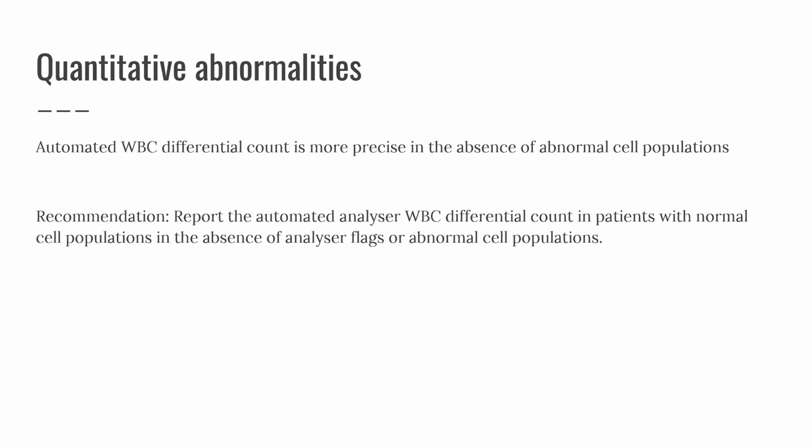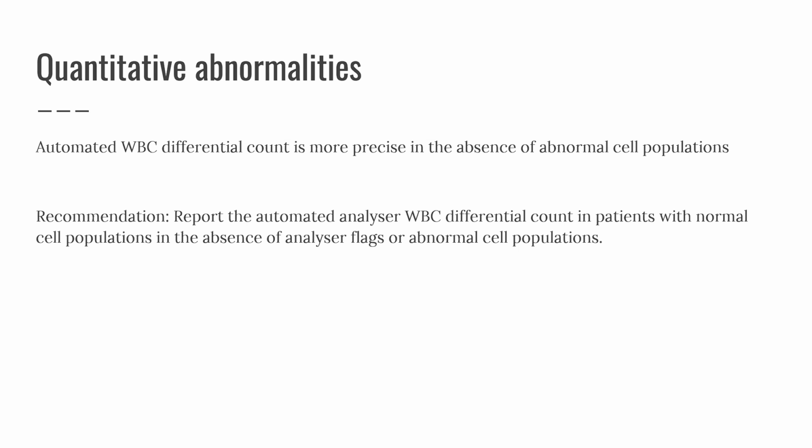Automated WBC differential count is more precise when there is no abnormal cell population. Additionally, if the white cell count is very high or very low, the manual differential count may actually be less accurate or reproducible. So the recommendation is to report the automated analyzer WBC differential count in patients with normal cell populations in the absence of analyzer flags or abnormal cell populations.